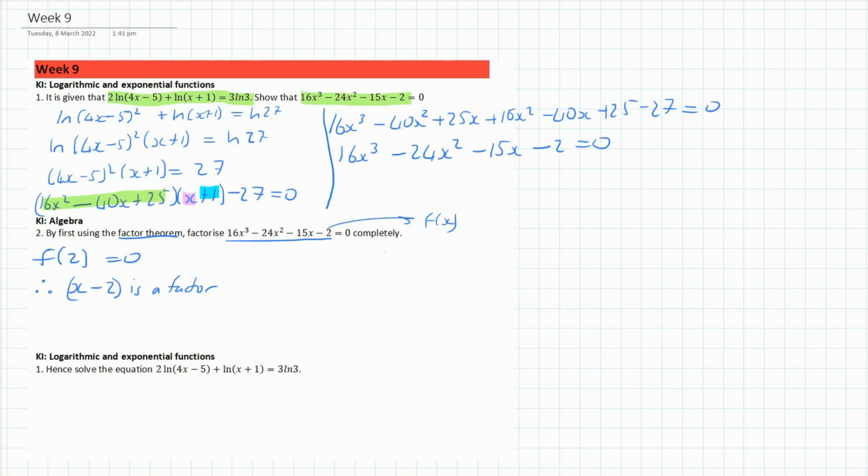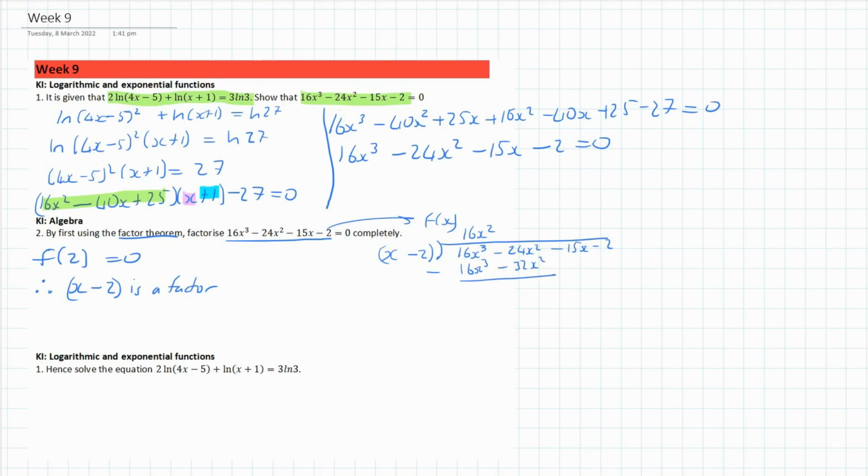So then I'm going to use long division to help me here, dividing (16x cubed minus 24x squared minus 15x minus 2). So first of all, I'm going to times everything by 16x squared. And I get, of course, 16x cubed minus 32x squared.